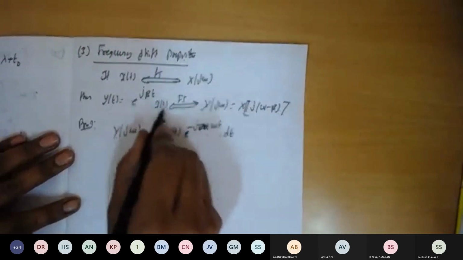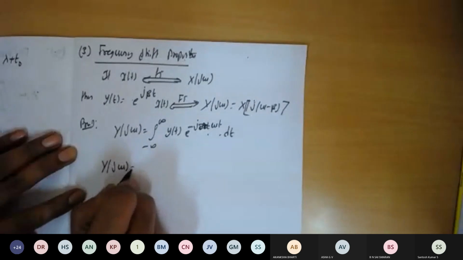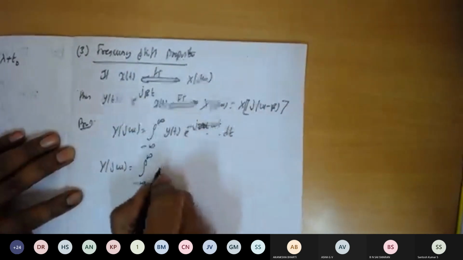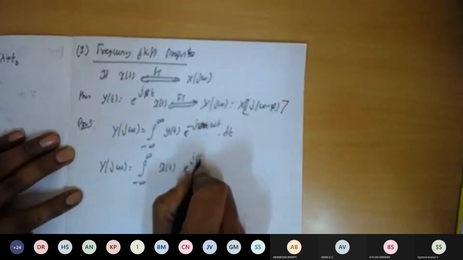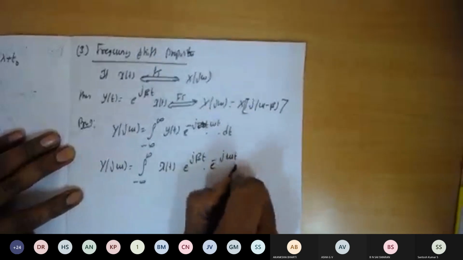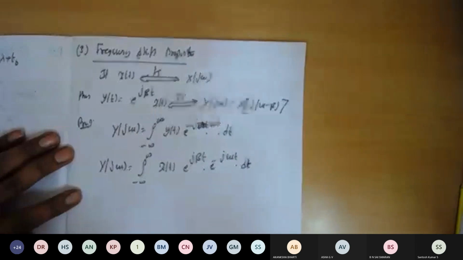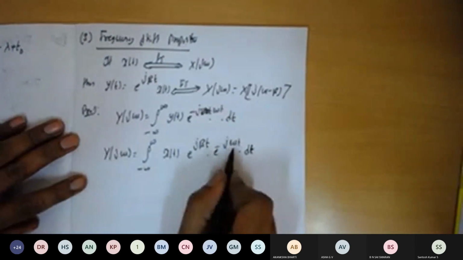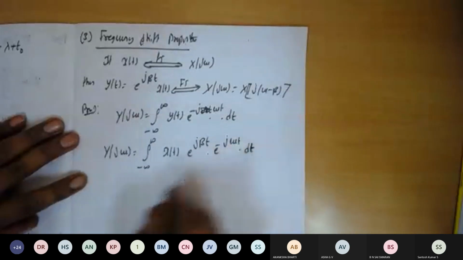In place of y of t, we'll substitute these quantities. So Y of j omega is equal to the integral, in place of y of t, I'm going to substitute x of t into e to the power of j beta t into e to the power of minus j omega t into dt. Now in this one, we can take minus j t common.